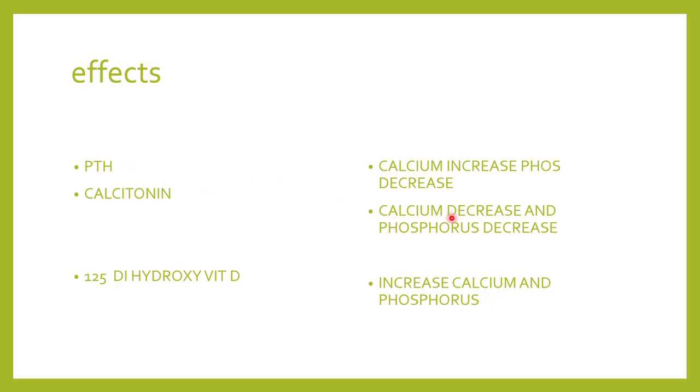If the calcium level is very high, there will be a negative feedback mechanism and calcitonin is produced. Calcitonin will reduce the calcium and also reduce the phosphorus. And 1,25 dihydroxy vitamin D3 will increase the calcium and also increase the phosphorus. This is the only one which increases both; calcitonin reduces both.